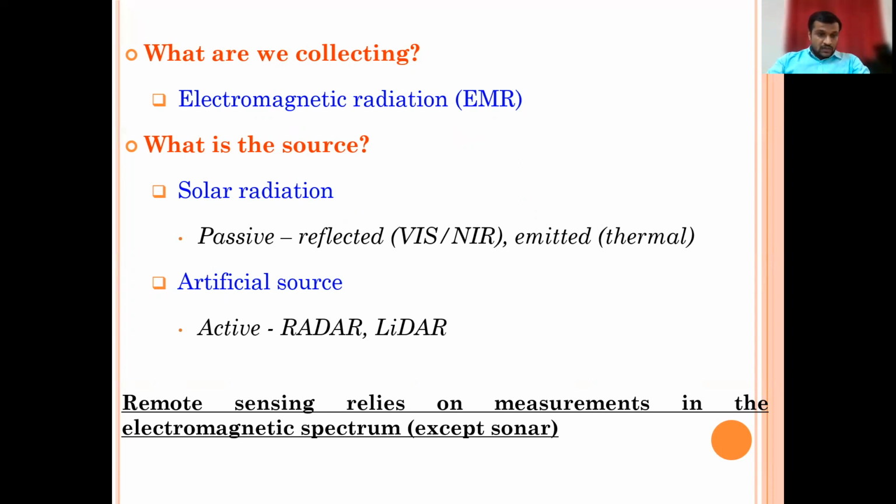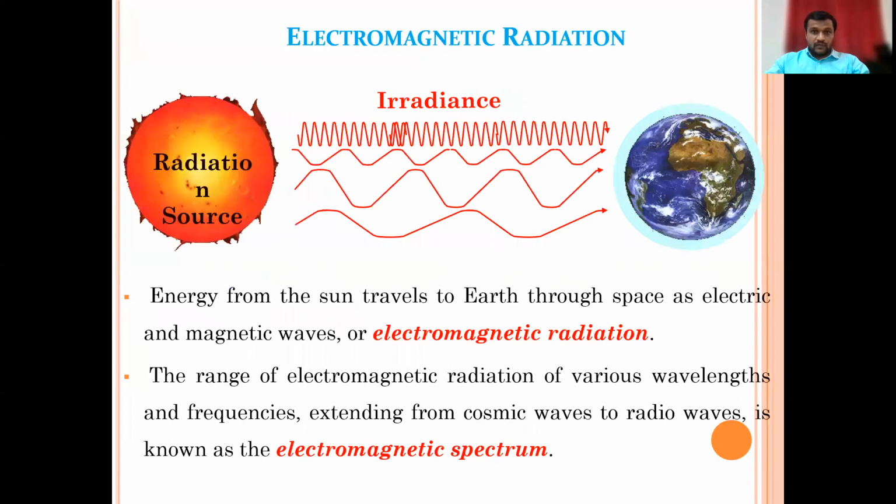So generally we can say that remote sensing is totally based on measurement in different parts of the electromagnetic spectrum. We gather the information in different parts of the electromagnetic spectrum, starting from the visible, then near infrared, thermal infrared, and microwaves. Electromagnetic radiation is a kind of energy coming from the sun.